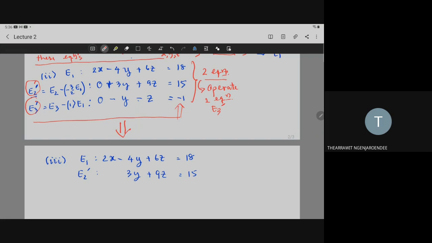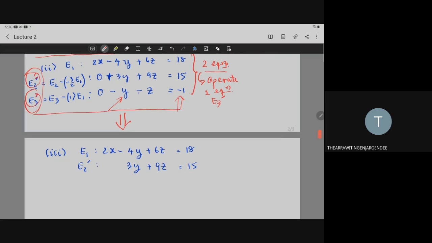So here we are going to try to eliminate y from equation E3 prime. What do we do? In this case, because we have E3 prime and also E2 prime, we are going to eliminate the variable y in E3 prime using E2 prime.